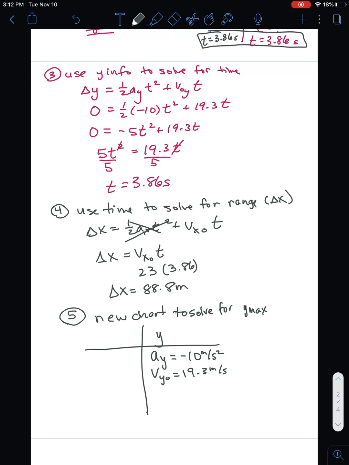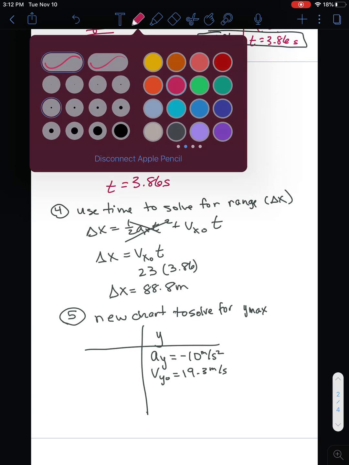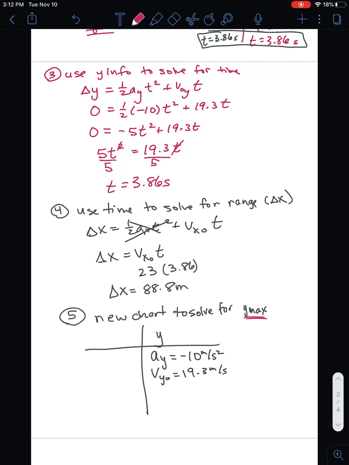And then at the top, there's actually an extra piece of hidden information that is only true when we are at the peak: only at the maximum height do we get to say that our y velocity is equal to 0. So I'm going to use that hidden variable. Now I have 3 pieces of information, and I'm trying to solve for a fourth: delta y at the top, delta y max.